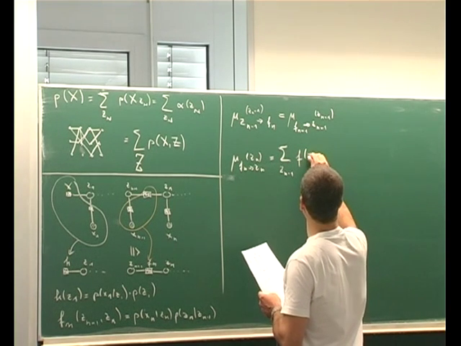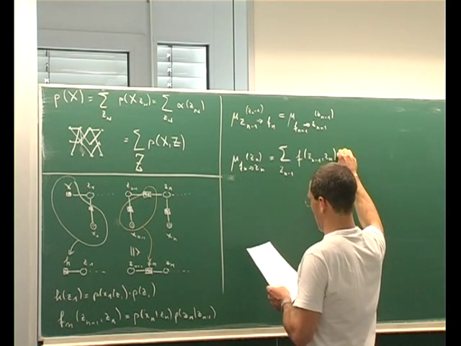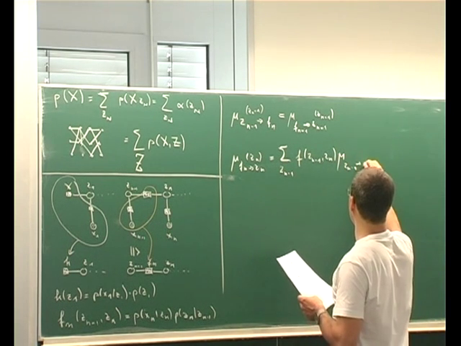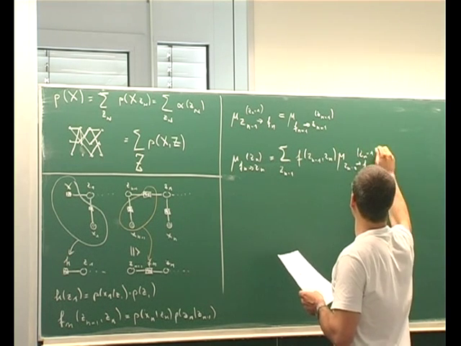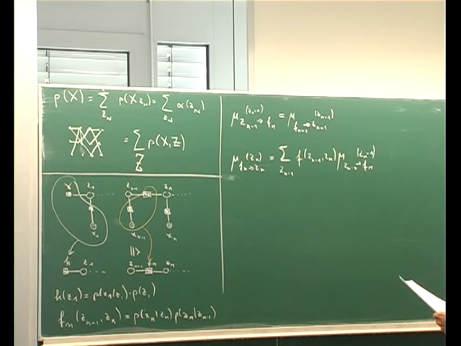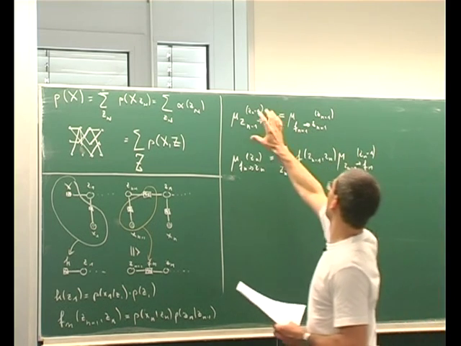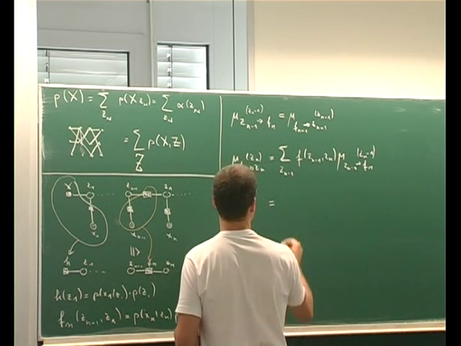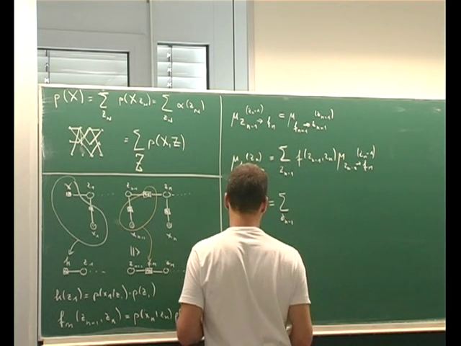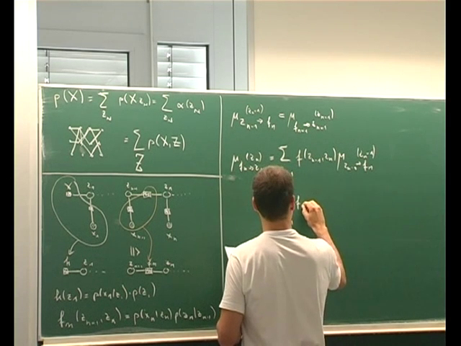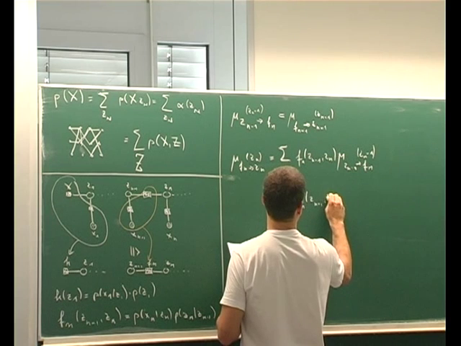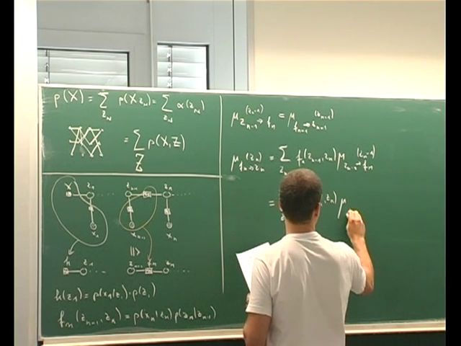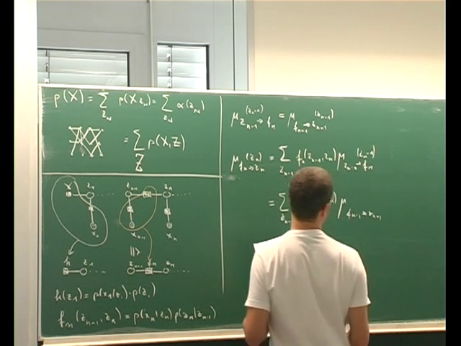So this is the native factor multiplied with all incoming messages, and there is just a single incoming message, namely, okay, and well, this term is the one in the previous line, so I can summarize these two equations in a single one by writing, sorry for these many indices.